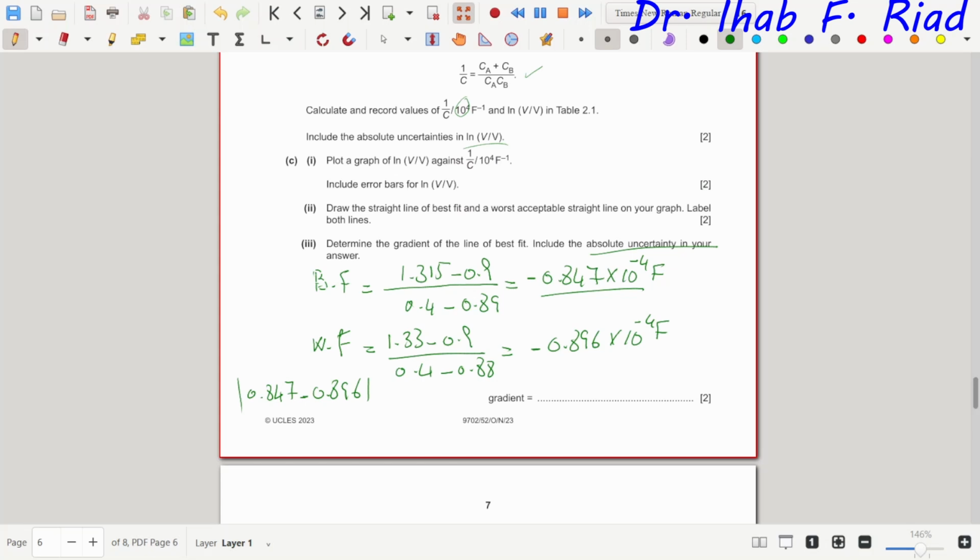It doesn't make a difference. So it is 0.85, and the difference is 0.05 to one significant figure. So it is 0.05. How many decimal places? We have two. So the value for the best fit, I'm going to quote it to two decimal places.